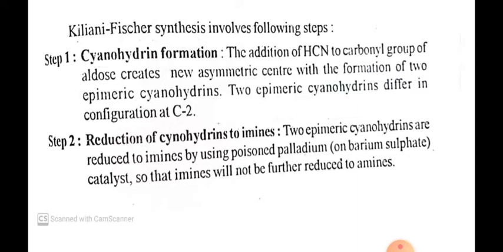The cyanohydrin will be reduced to amine, and we do not want amines as the reduction product. We have to stop the step at imine, so the catalyst is poisoned with barium sulfate. That's why palladium poisoned with barium sulfate is taken for reduction of the two epimeric cyanohydrins to get imines.